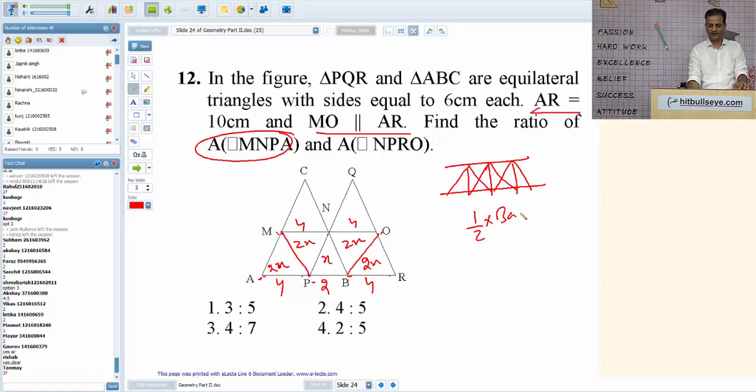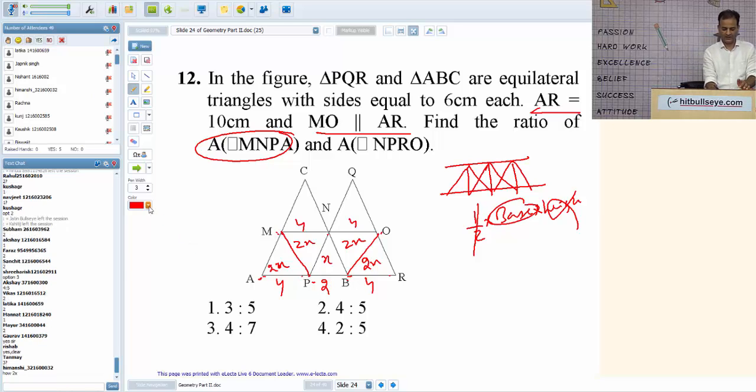Half into base into height is the formula for the area of a triangle. Half is common, height is common. If the base is double for this triangle, the base is 2 here and 4 there, the area will be double. Himanshu, how 2x? If I have taken this area as x, this will be 2x.